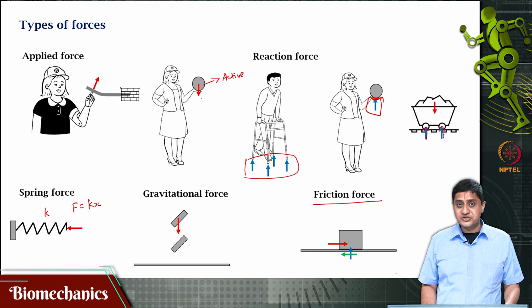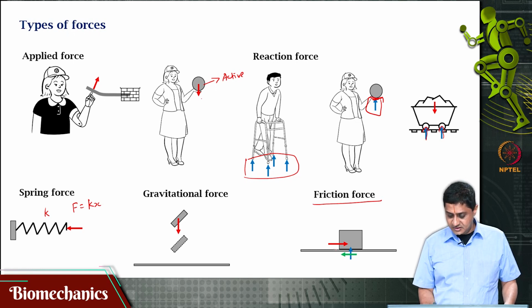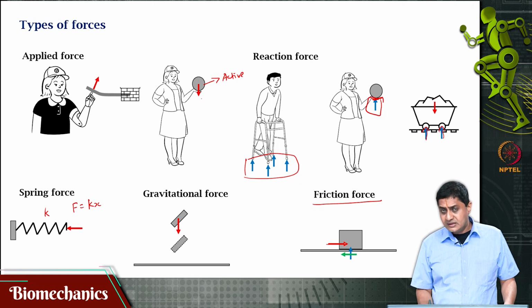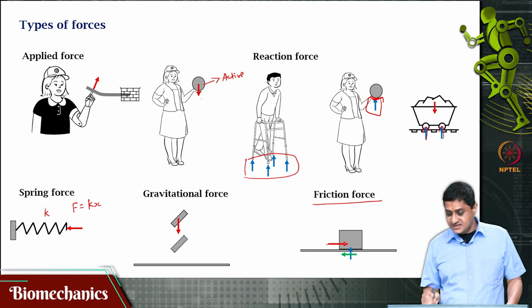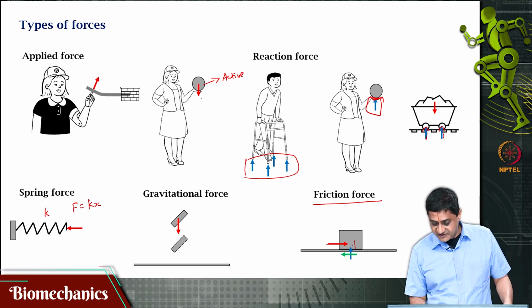So in this picture, the red arrow indicates the applied force on this block. What does the blue signify? The blue force is the force that is normal to the block. This is the force that is going to overcome gravity.